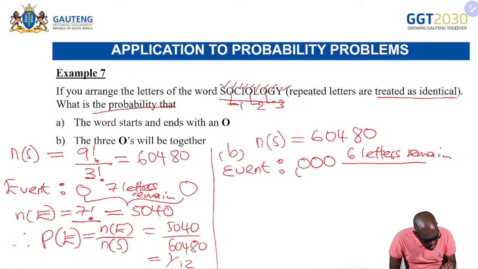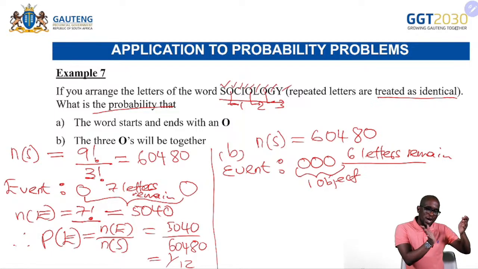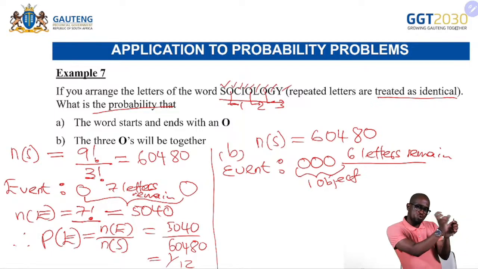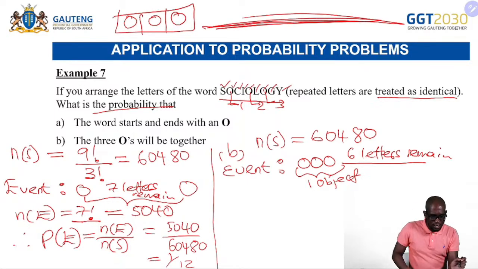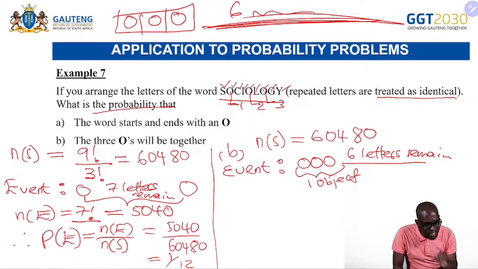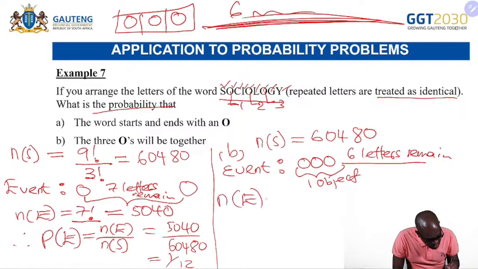Which means that we treat the O's as a single object, a group of 3 O's, arranged with the 6 remaining letters. So now you have 7 objects to arrange. In the event, this would be 7 factorial.